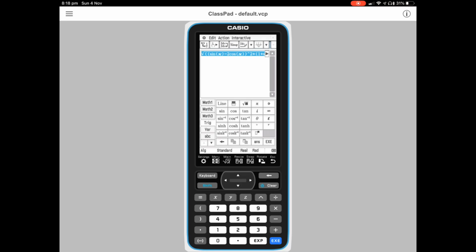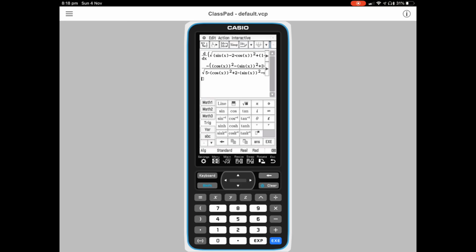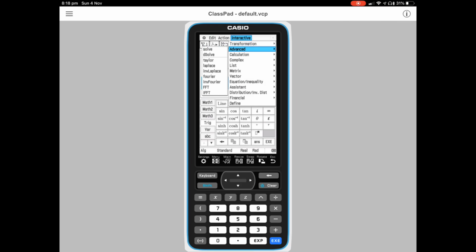Edit, select all, interactive calc diff, and then select all, I'll bring it there, equals 0, edit, select all, interactive advanced solve.